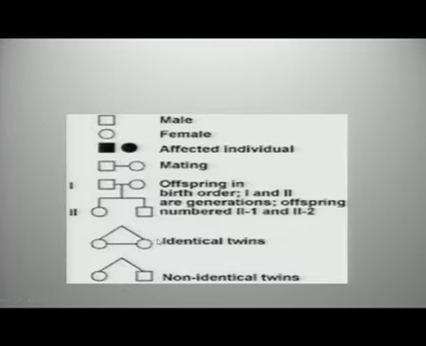For representing the pedigree chart, there are so many symbols. So, we have to be familiarized with these symbols for making it. Male individuals can be represented by square, female individuals can be represented by circle, affected individuals can be represented by shades.